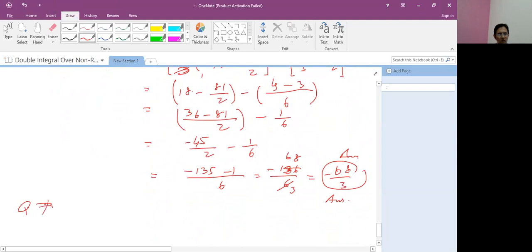The next question: find the volume in terms of type 1 region and type 2 region.